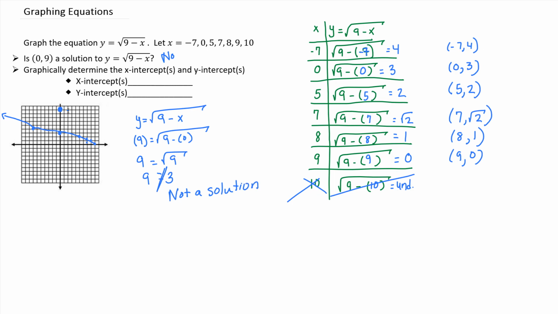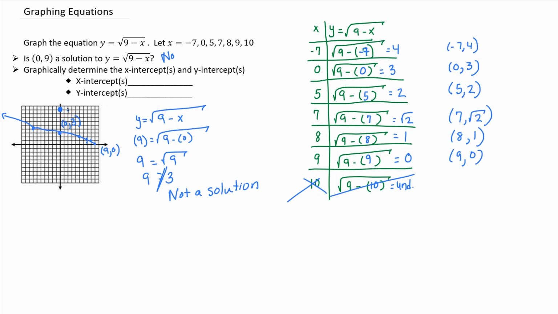Another piece of information we can ask about is the x-intercepts and the y-intercepts. If you remember, I talked about those in a prior video, but that's where your graph intersects the x-axis and the y-axis. So we can see that the graph intersects the x-axis at the ordered pair 9, 0, and it intersects the y-axis at 0, 3.